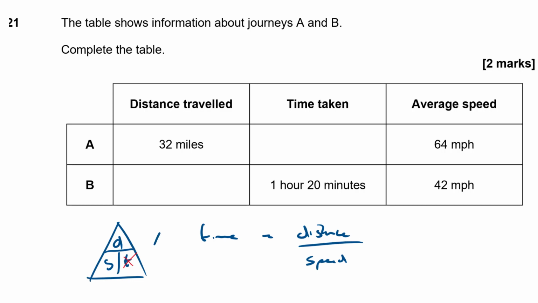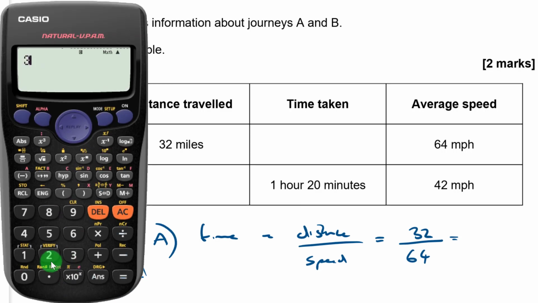This is for A. So what's that then? The distance is 32 and the speed is 64. So that tells me that time is 32 divided by 64, which is a half, isn't it?